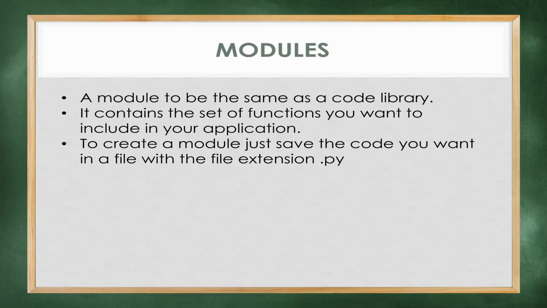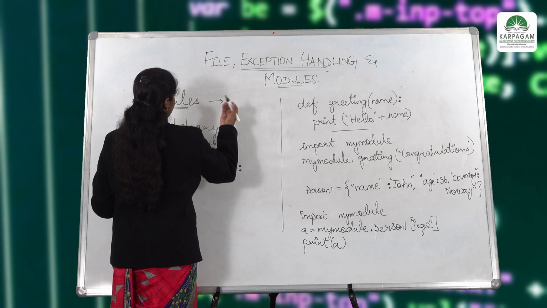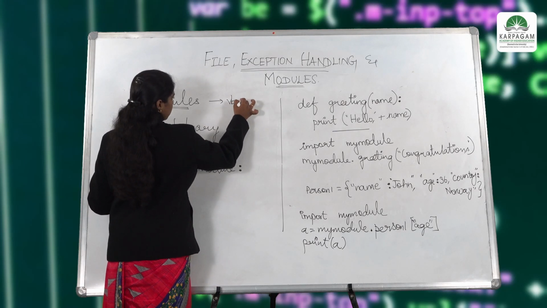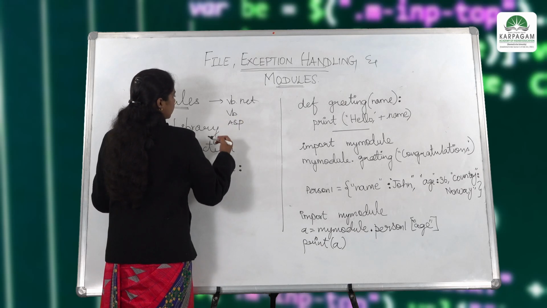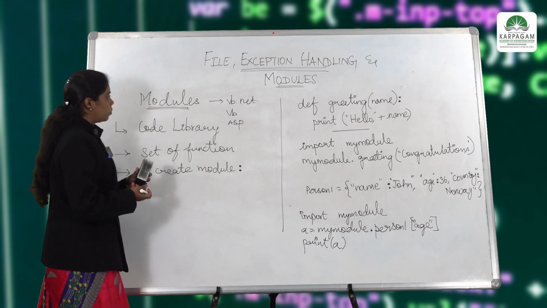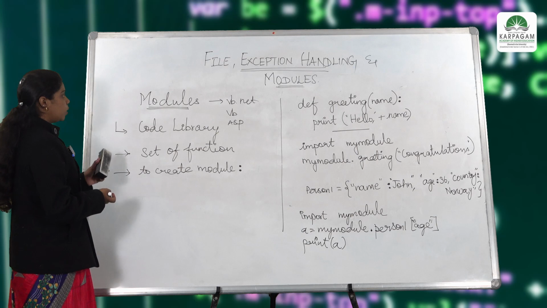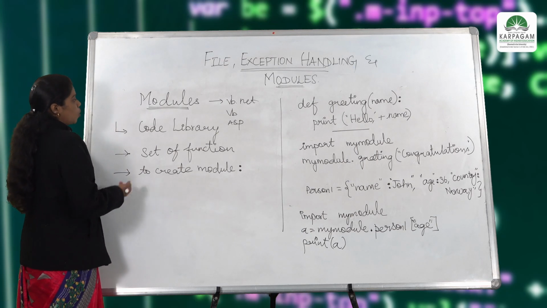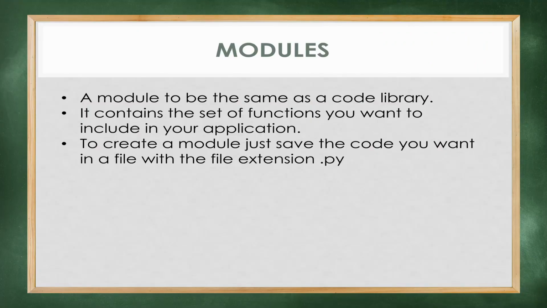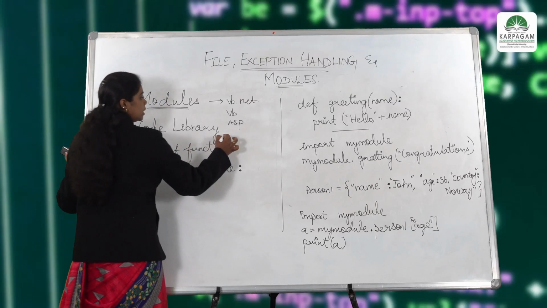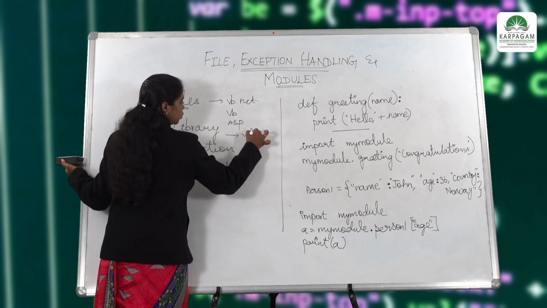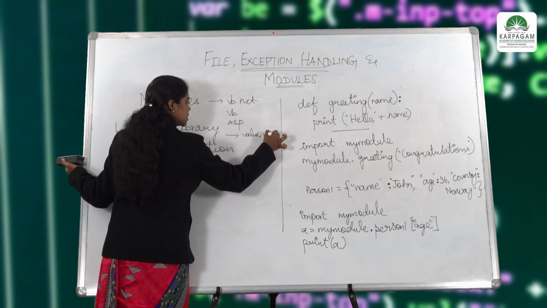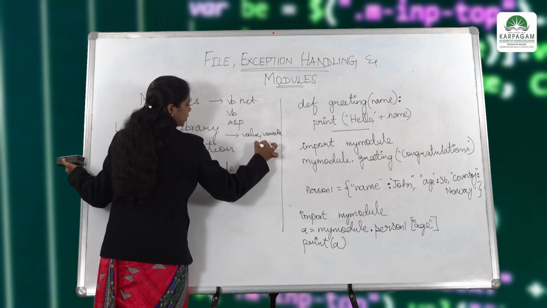Next we are going to see about modules. Modules exist in other languages like VB.NET, VB, and ASP, and it is a common term we use everywhere. Likewise in Python, a module is the same as a code library. It is a platform where we can add some values or variables or some other text.